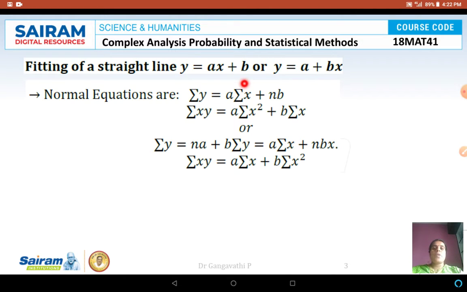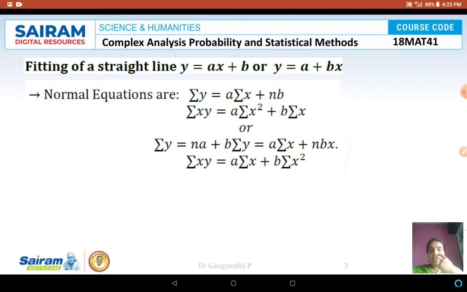Take y is equal to ax plus b and operate summation throughout the equation. It becomes summation y is equal to a summation x plus n into b. A is a constant, so you can write it outside, and n is the number of values of x given, so b is added n times. This is one equation.